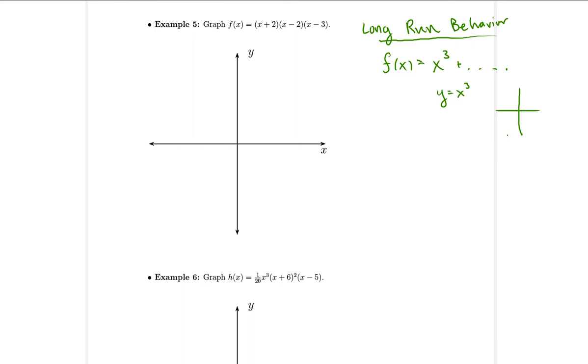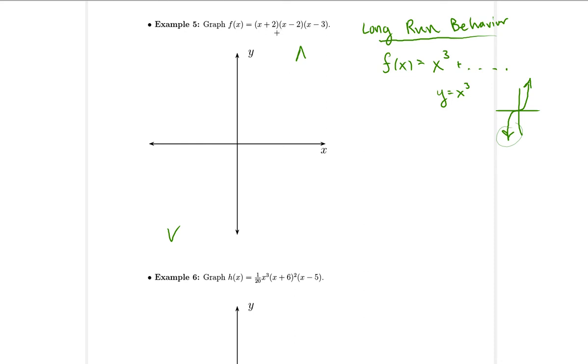So that means, well, we know that y equals x cubed graphs do this, right? So what that tells me is that I can definitely put an arrow down in the negative down here to match up with this arrow here. And then over here I can put an arrow up here in the positive. Okay, and that's just to kind of remind me generally what's going to happen.